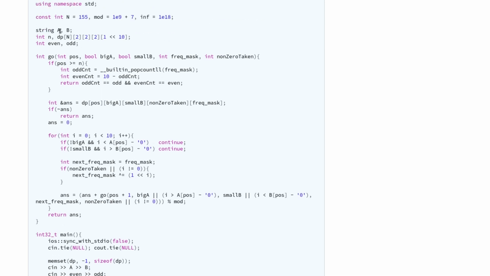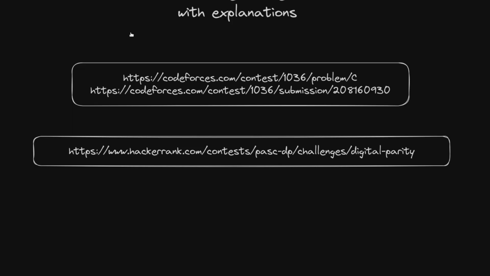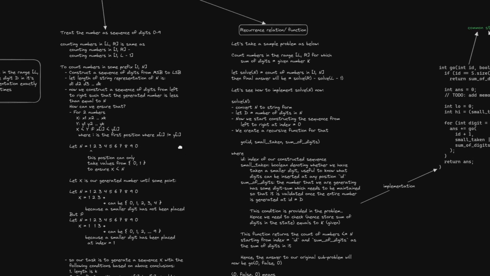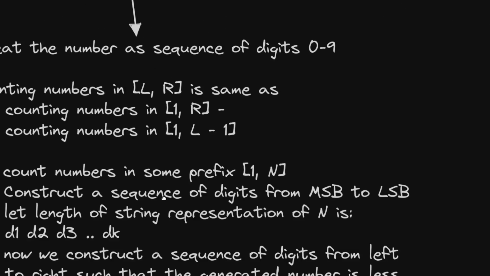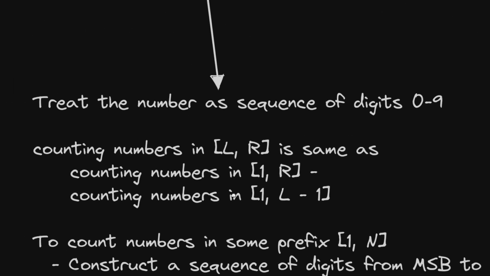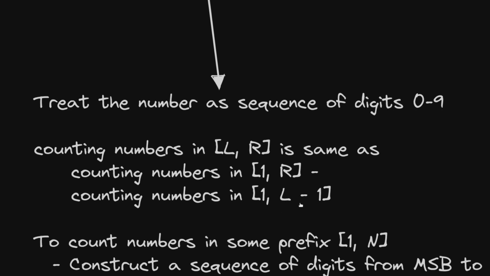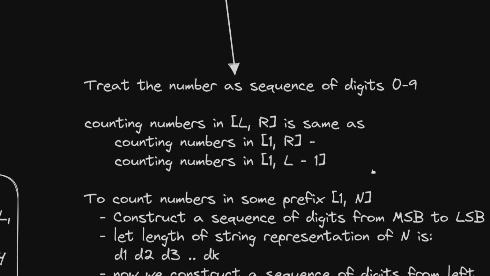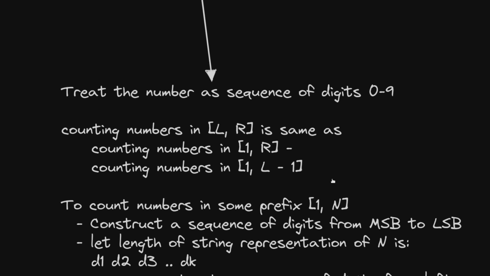You don't need to perform any operations on the ranges L and R, which were required here. If L and R were given in string format, this L minus 1 would need to be computed and then stored in string format and then given to our solve function, which might be non-trivial depending on the programming language that you are using.